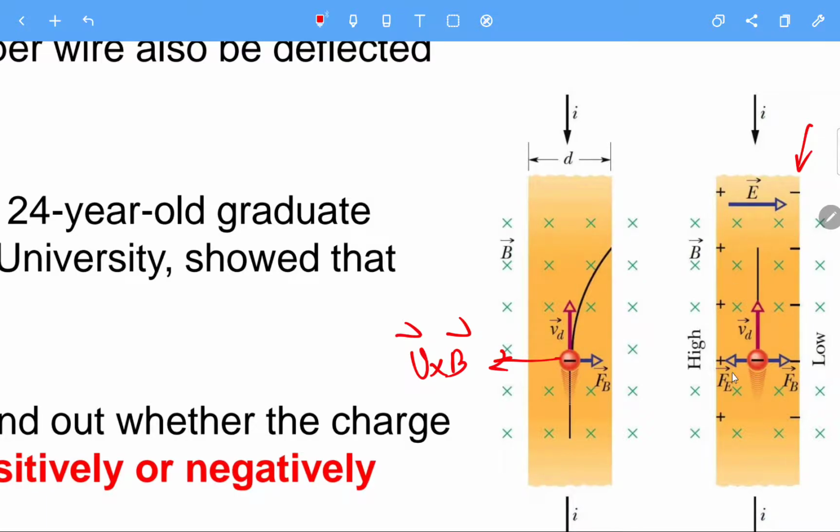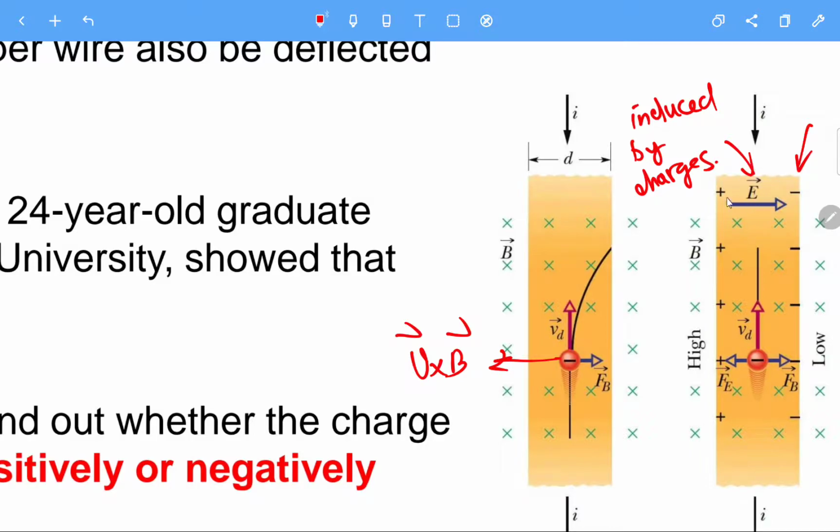And in this case, this positive charge and negative charge distribution will generate an E field inside the conductor. The E field is induced by charges.